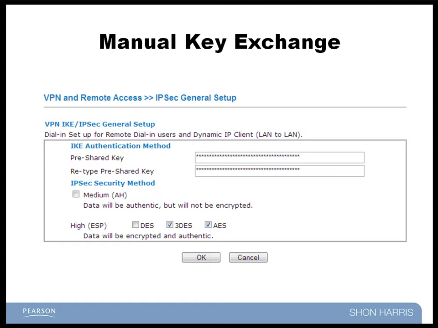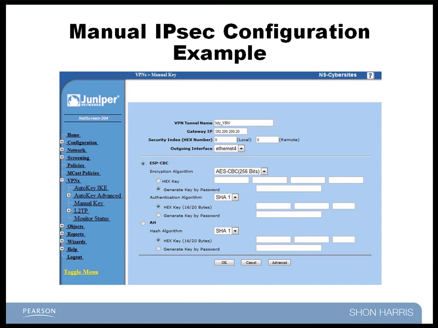The good news is that manual IPsec is rarely deployed, but it is something that you'll still find in existing legacy VPN topologies. You may find yourself cleaning it up or migrating off of it, and for that reason an understanding of the protocol is crucial. In this graphic, a Juniper firewall is configured for manual IPsec using ESP and the AES 256 scheme.